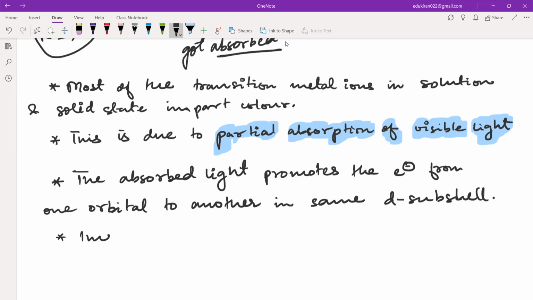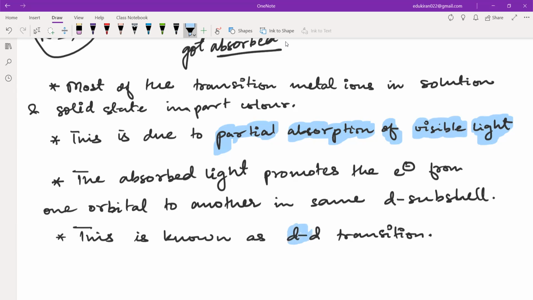This is known as d-d transition. So the one word answer that you will remember: why do the d block elements show color, impart color? The one word answer is due to d-d transition.